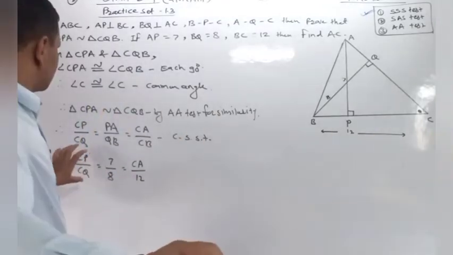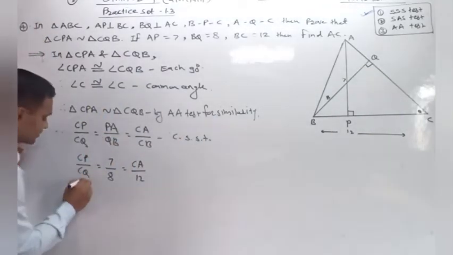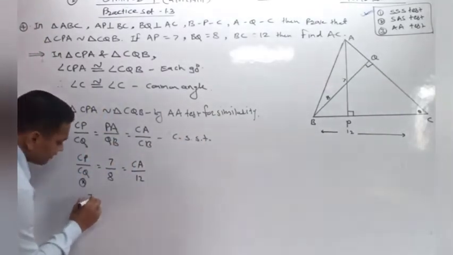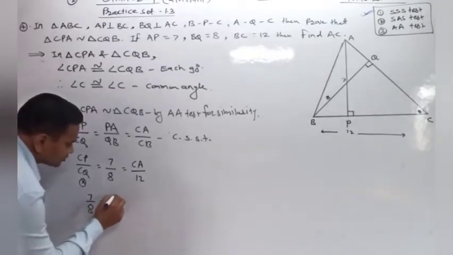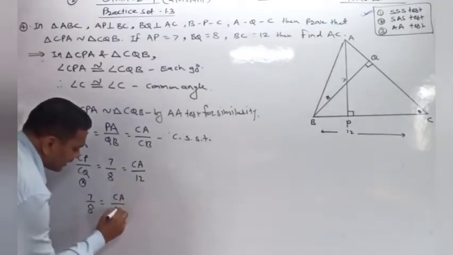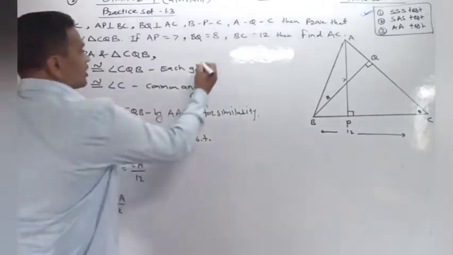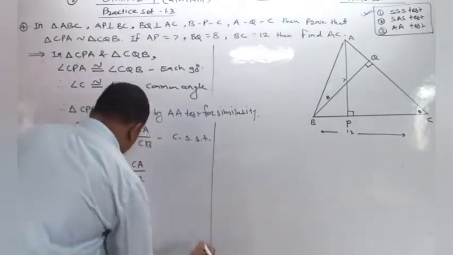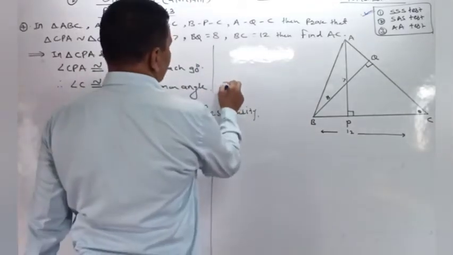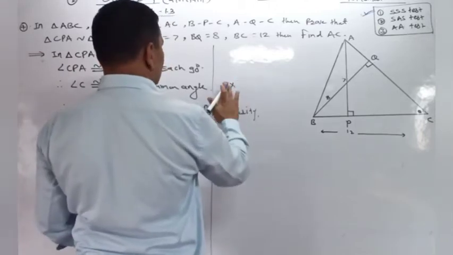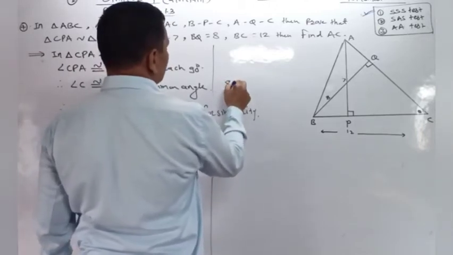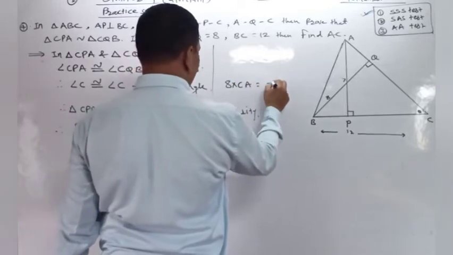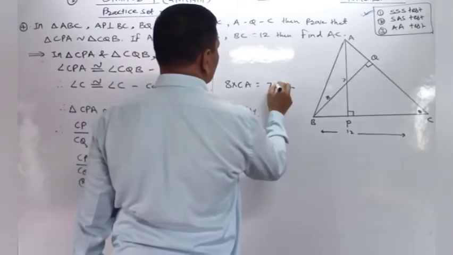Now, by deleting this first ratio, we get 7 by 8 is equal to CA by 12, right? By cross multiplication, we get 8 into CA equals 7 into 12.